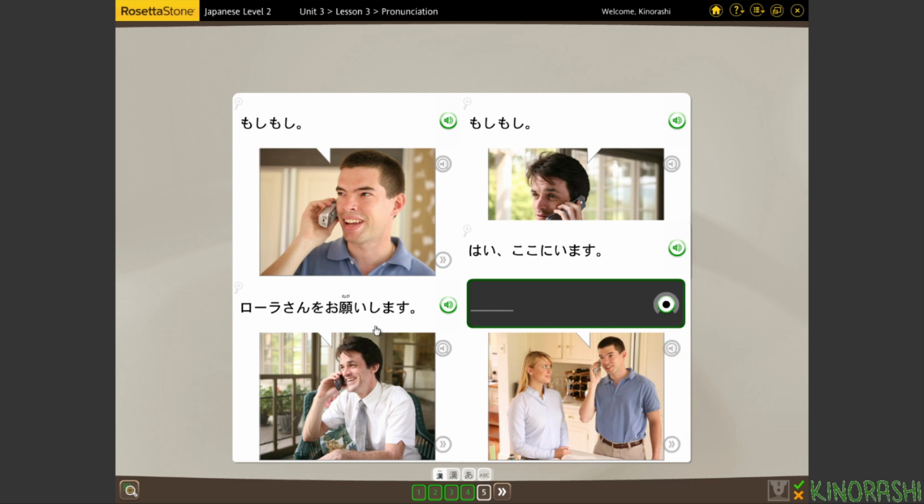This is just a reminder that onegaishimasu and kudasai do have different uses. If you said Rora-san wo kudasai, it sounds sort of like a marriage proposal over the phone, apparently.